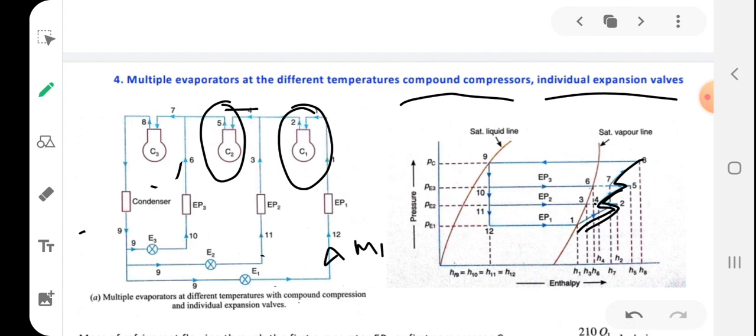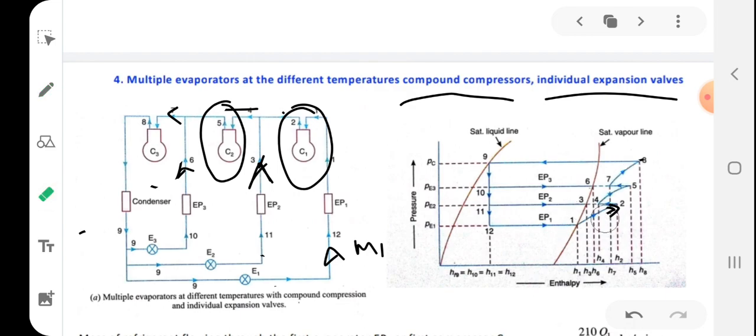The second compressor is compressing both this m1 and m2, so this stream is getting added here. So m1 plus m2 is getting compressed in the second compressor, and the third compressor will have m1 plus m2 plus m3. That is the difference.